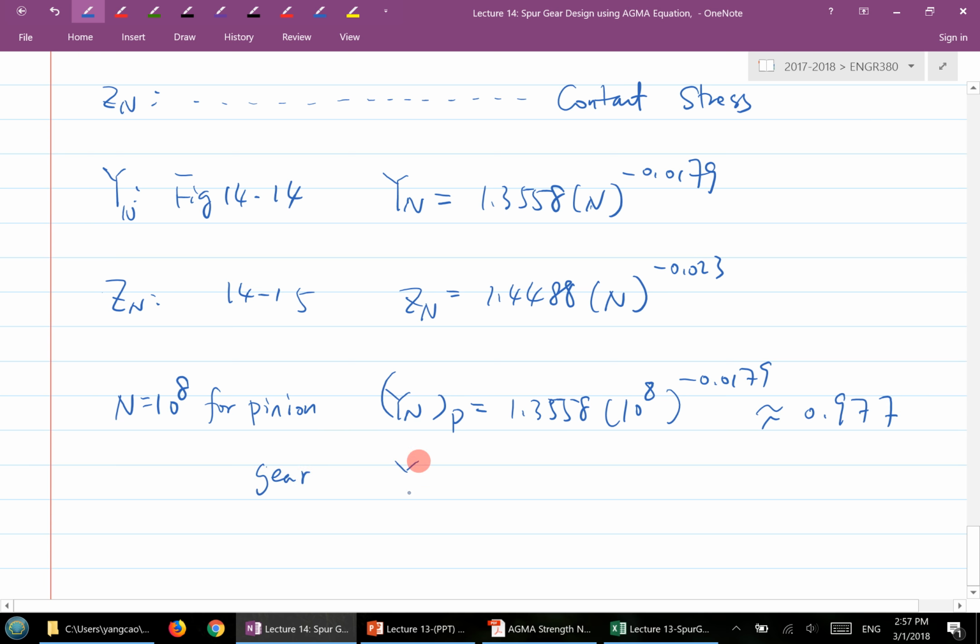Now you also need the yn value for the gear. So unfortunately for the gear, the life is not 10 to the power of 8 anymore. So if the pinion has 10 to the power 8, then how many cycles will it be for the gear?